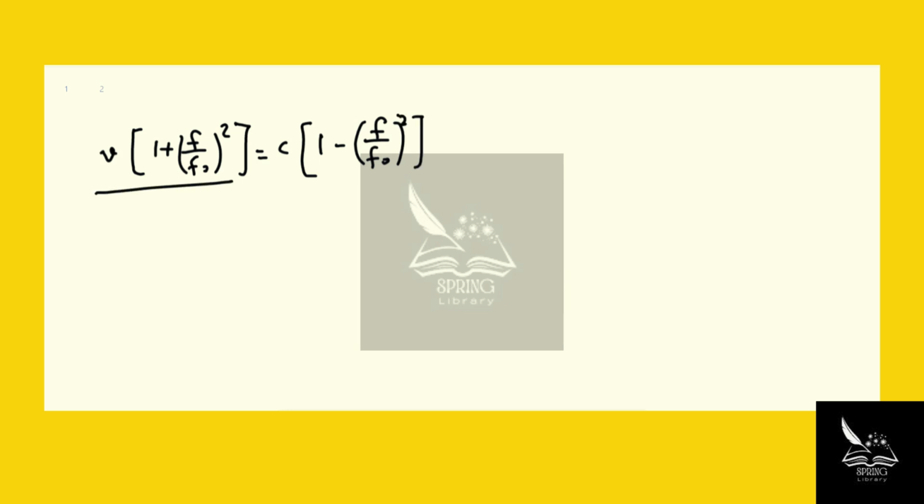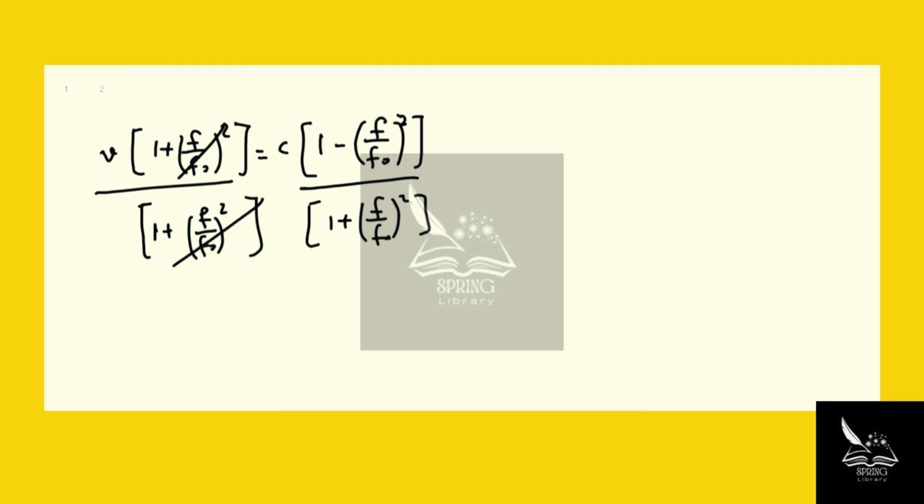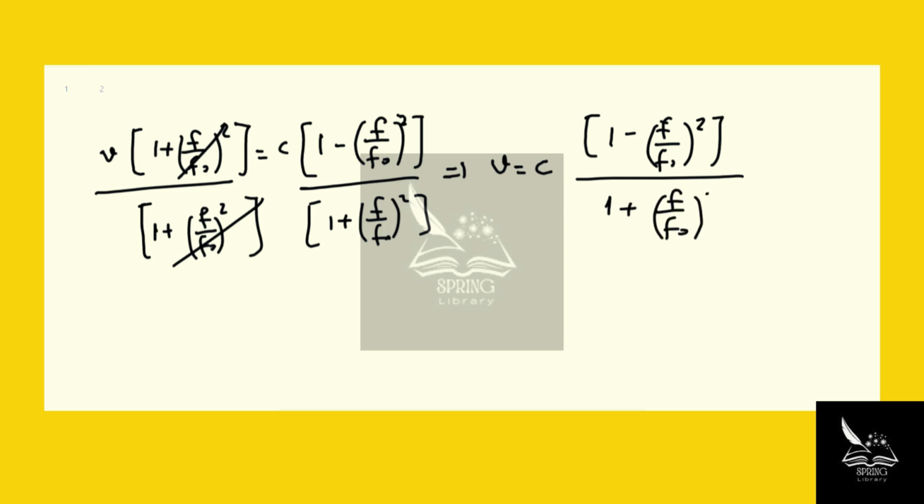So now if I divide both sides by 1 plus (F over F naught) squared, these are going to cancel, so I have my expression for V. It's going to be C times (1 minus (F over F naught) squared) divided by (1 plus (F over F naught) squared). This is the equation that we're going to use for all the sources that we have.